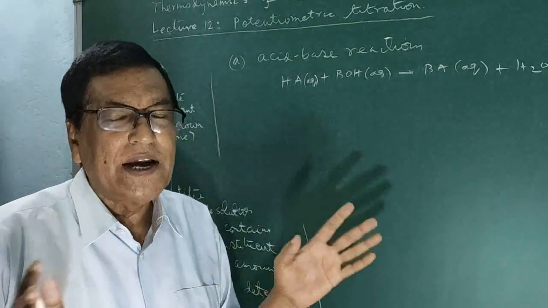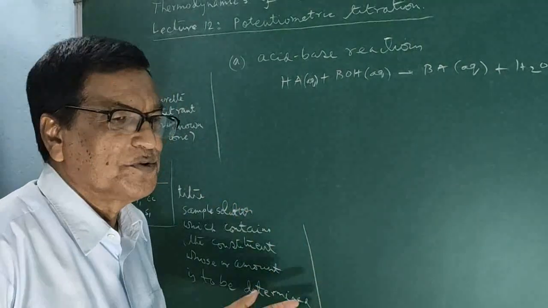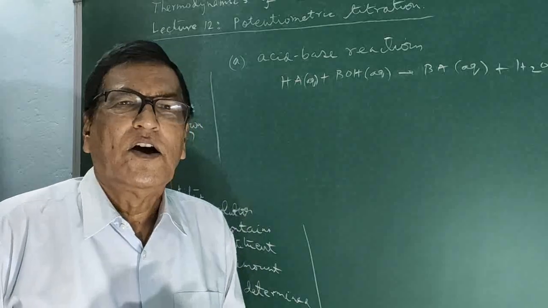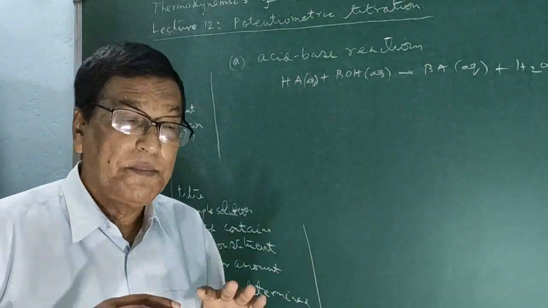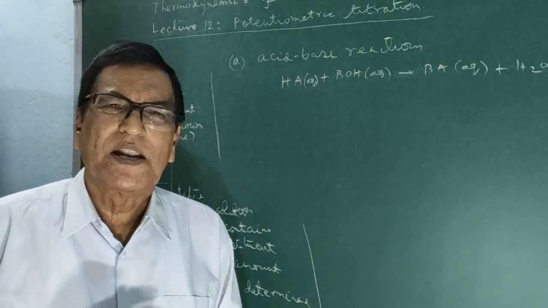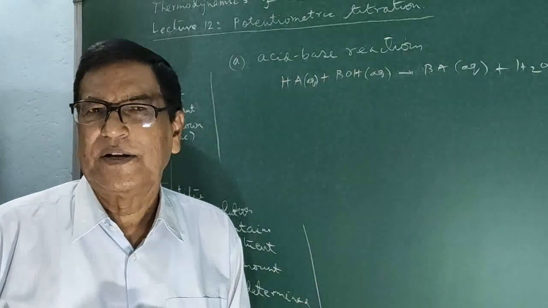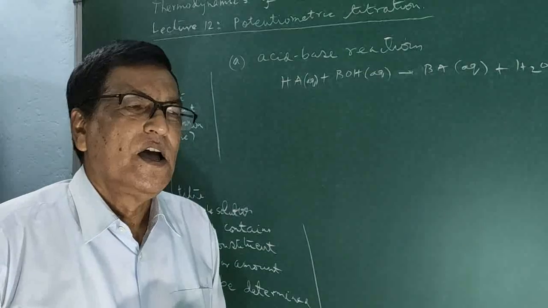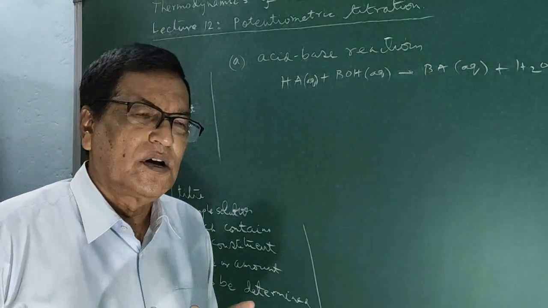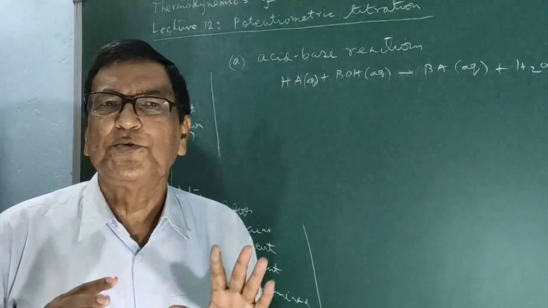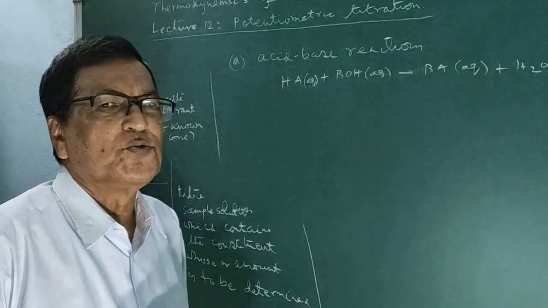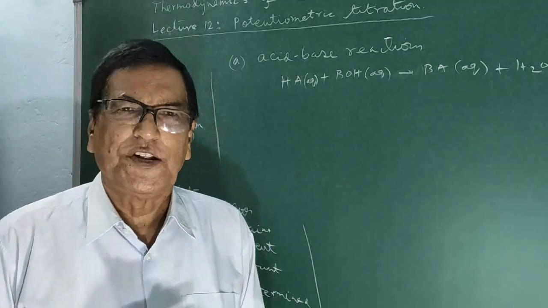The quinhydrone electrode is the best one to set up in the laboratory, or a more accurate glass electrode may be used, but in the case of a glass electrode, an ordinary potentiometer will not be used. The hydrogen electrode is generally avoided due to its complication to set up in the laboratory.